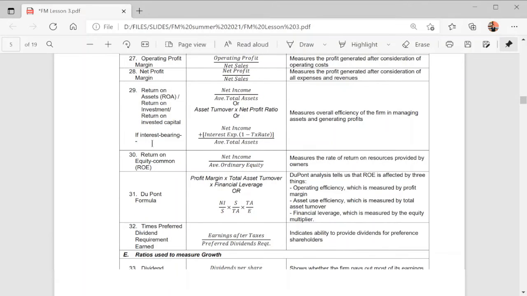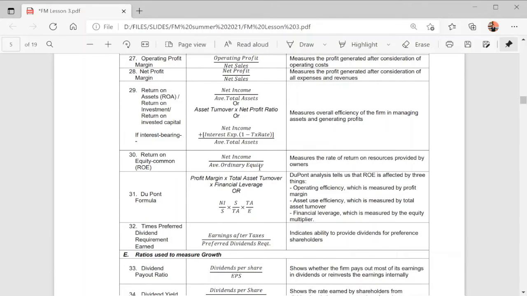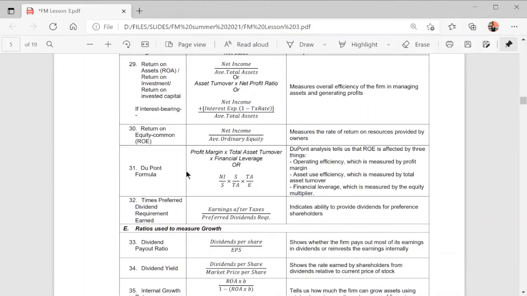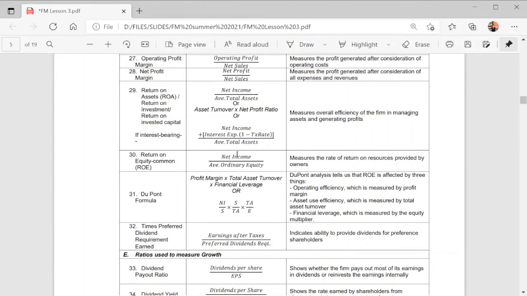And then you have return on equity. The denominator is equity. And then we have the DuPont formula. Actually, you will still arrive at return on equity for this one. Sales cancels out, since it appears in both the numerator and the denominator, if you apply the operations in math. Then total assets also cancel out, leaving net income and equity.